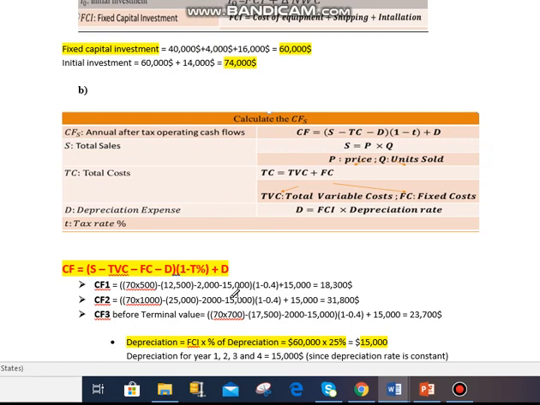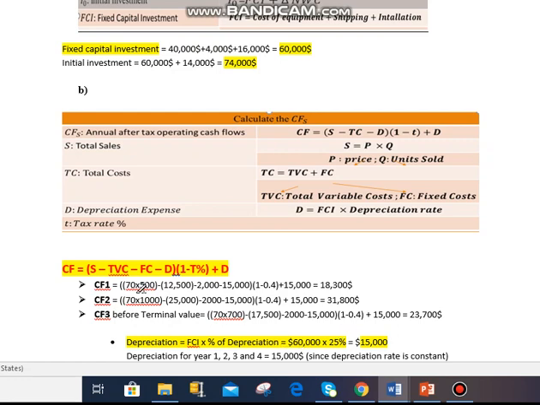In order to calculate the depreciation, it is equal to the fixed capital investment times the depreciation rate. So it is equal to 60,000 times 25%, which is $15,000. And since the depreciation rate is constant for each year, the depreciation will be constant for all years.